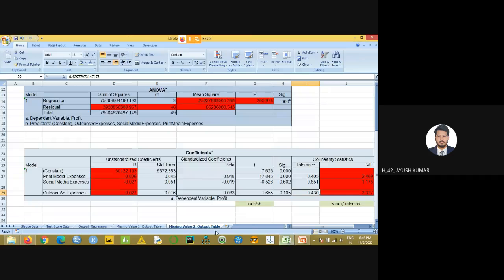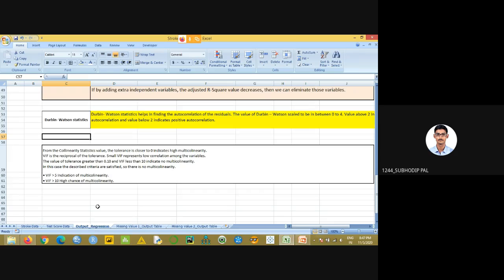This is important: multicollinearity. I am taking so many variables, but the variables are correlated. So instead of taking so many variables, I can take only one.